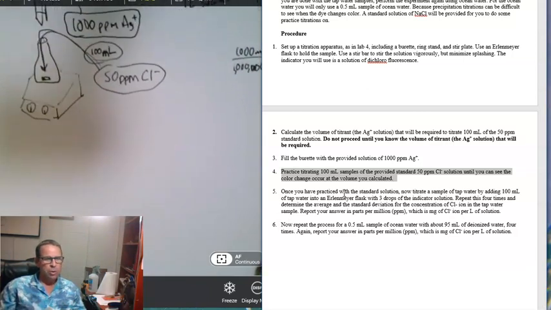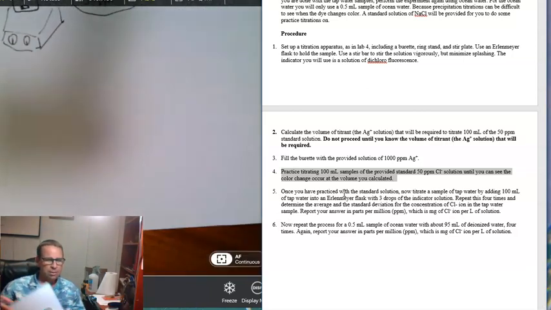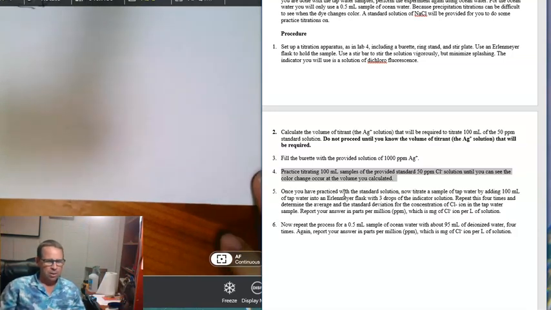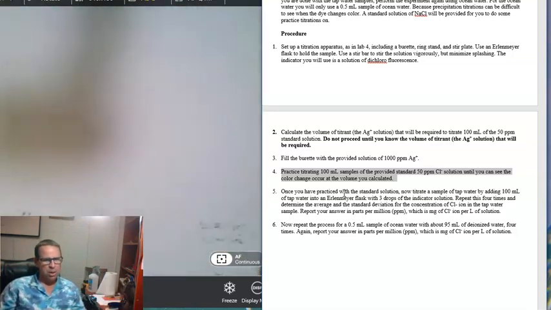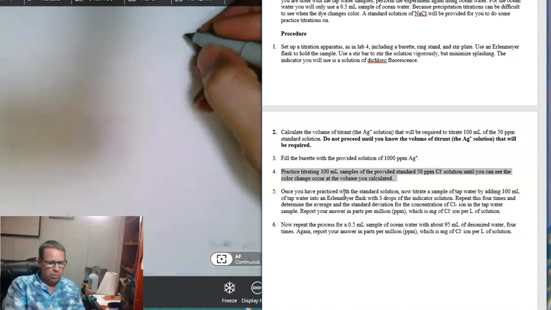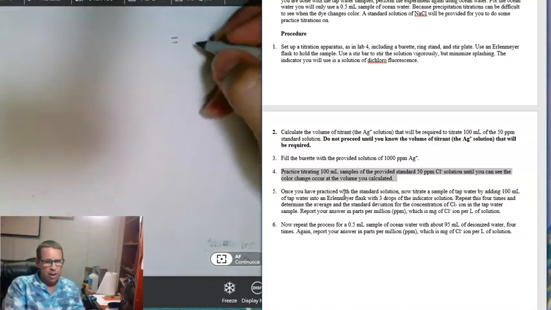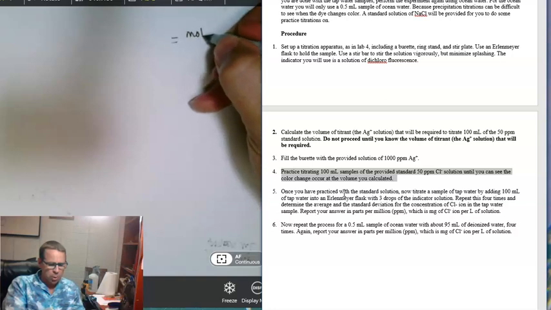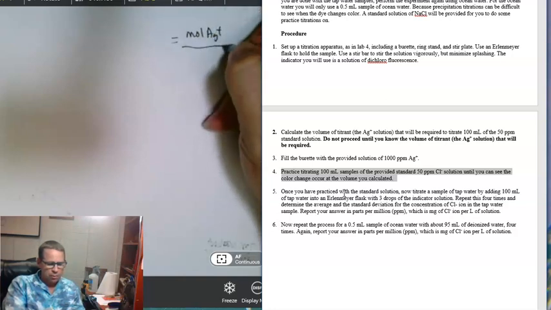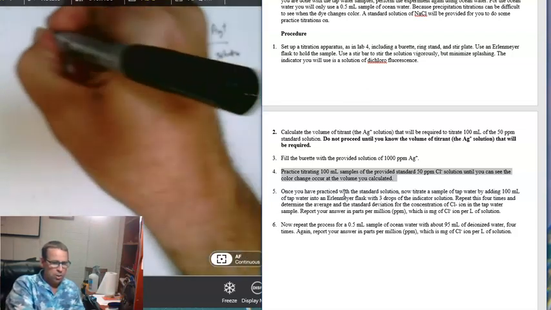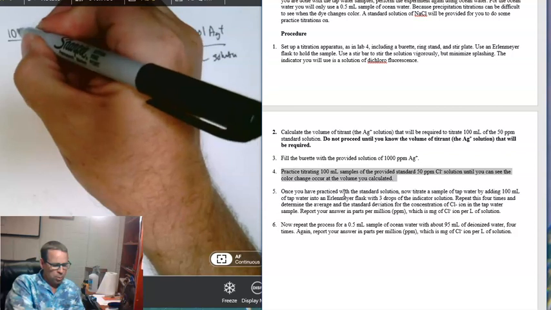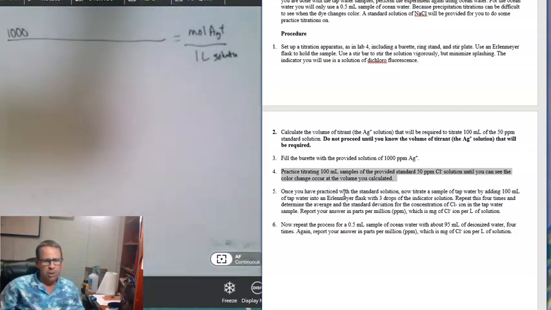Okay, so maybe we do one concentration calculation, and determine the concentration of silver ion, not in parts per million, but in molarity. Okay, so we'll do this one together. So again, what we want here is we want to know the moles of silver ion for every 1 liter of solution. And we're starting with 1,000 parts per million silver ion.